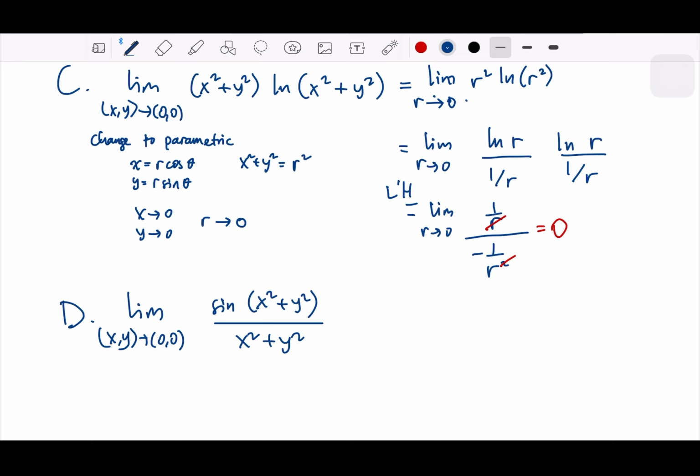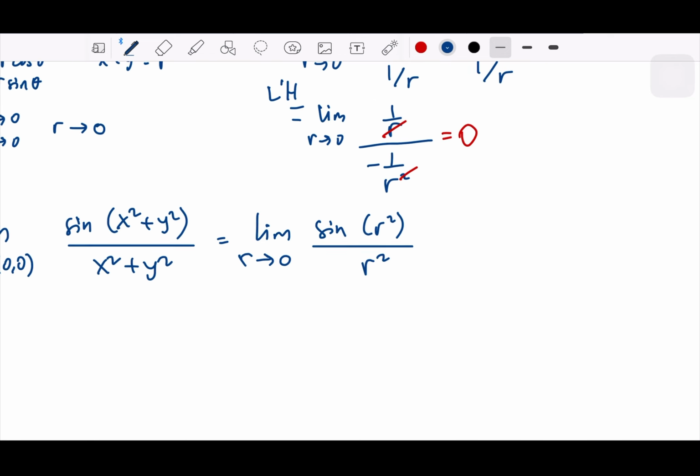We can set up the parametric variable r, so we will have r going to 0 of sin(r squared) over r squared. I think this is with the definition of the limit.